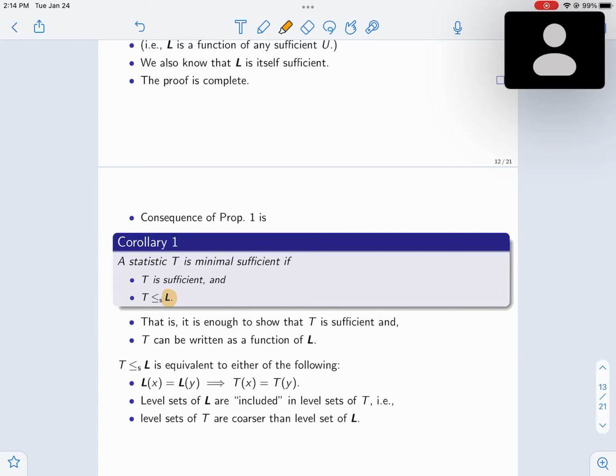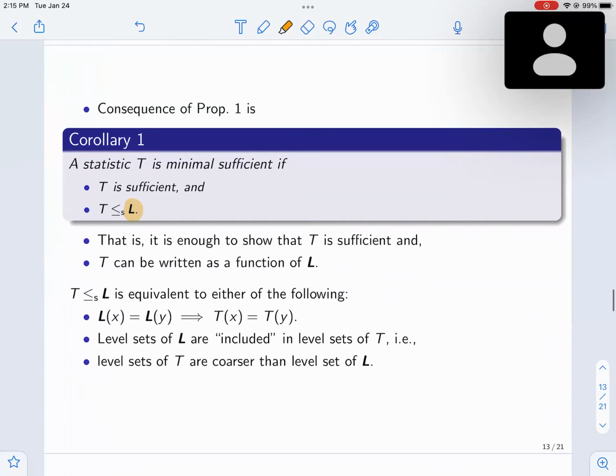Okay. So this gives you one way to show minimality. It's enough to show that T is sufficient, which is usually easy by the factorization theorem. And also if I can write T as a function of L, then I would be done. There are various reformulations of this.